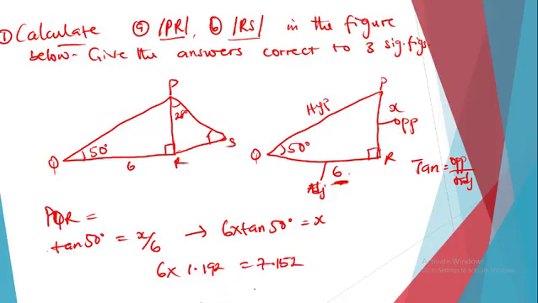So our line PR to 3 significant figures is equal to 7.15.